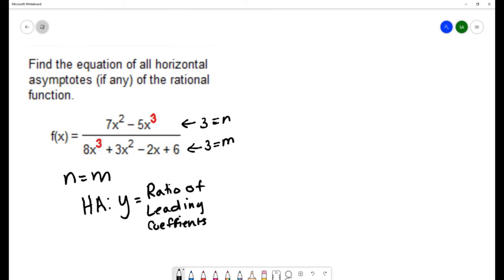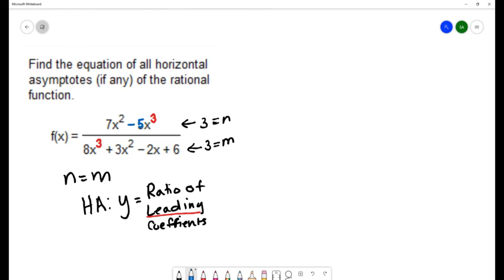Now that word leading can mislead students to think that the coefficients in the front, the ones that are leading, are the ones that we use. But what we need to use are the coefficients that are attached to that highest degree term. So it's only leading when you write it in descending order.